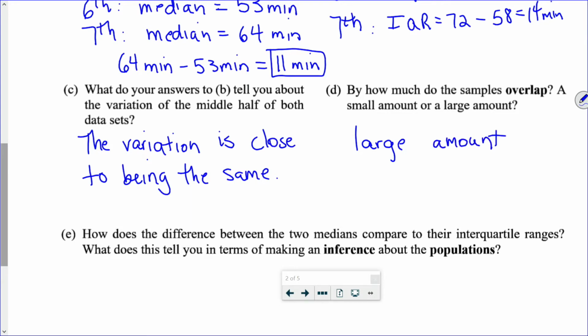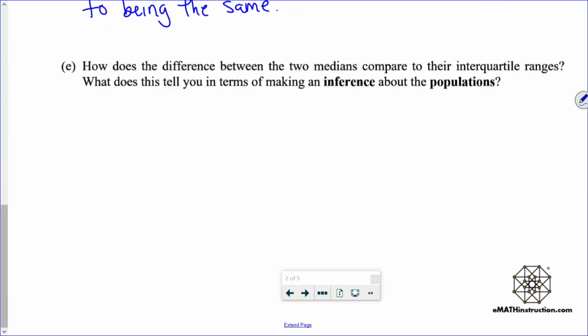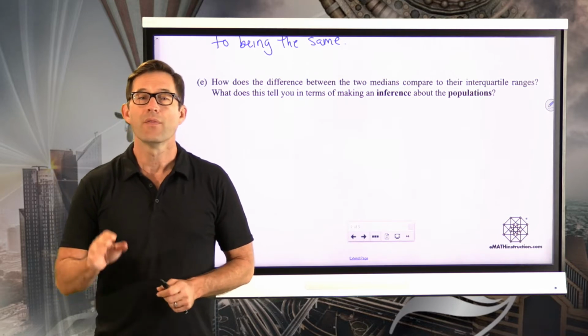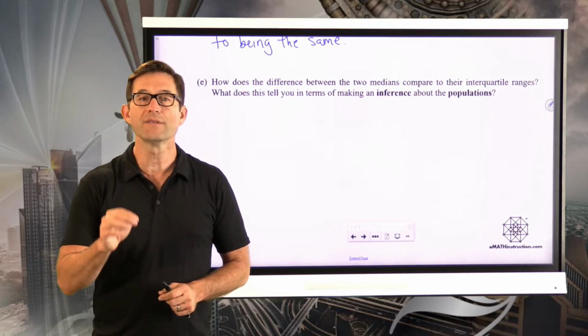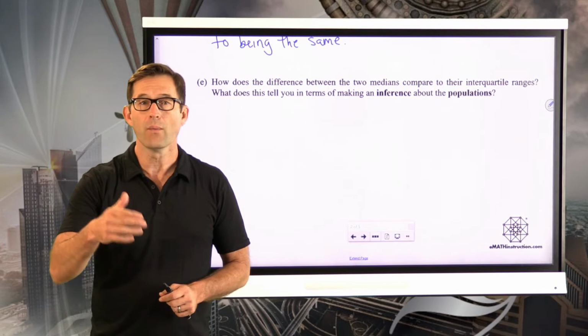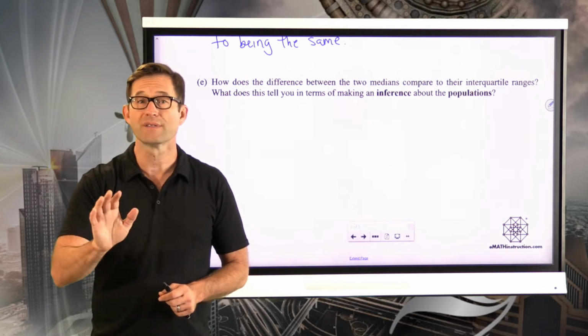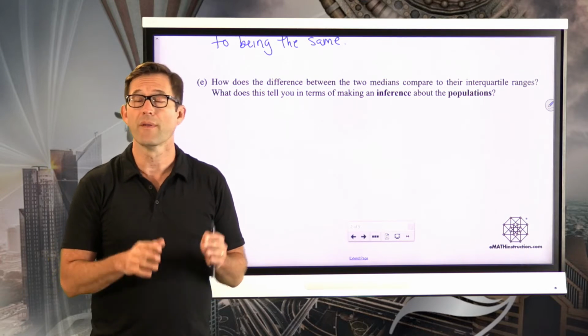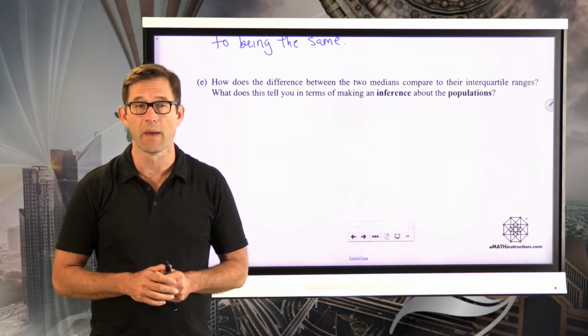Okay, so here comes the important part. Letter E. How does the difference between the two medians compare to their interquartile ranges? What does this tell you in terms of making an inference about the populations? Okay, so let's make sure that we understand. There is no question that in this survey, we found that 7th graders, the median amount of time they spent on homework was more than the median amount of time that 6th graders spent on homework.